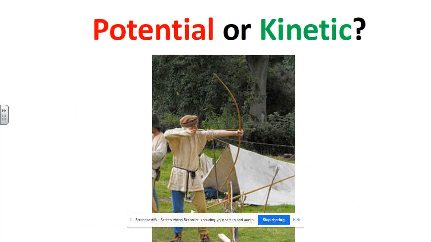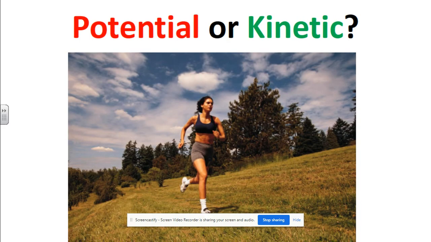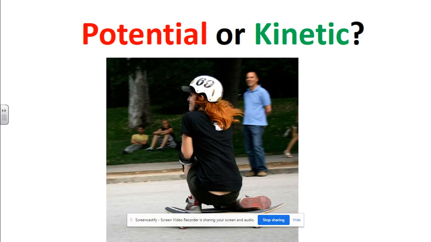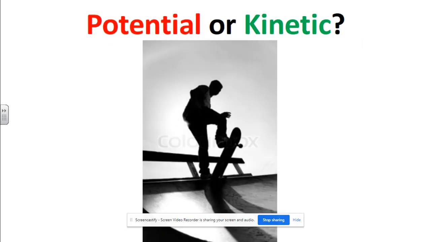An archer that draws a bowstring back to his cheek and waits to release has potential energy. A runner who is running throughout a trail has kinetic energy. A skateboarder who is doing some tricks has kinetic energy.